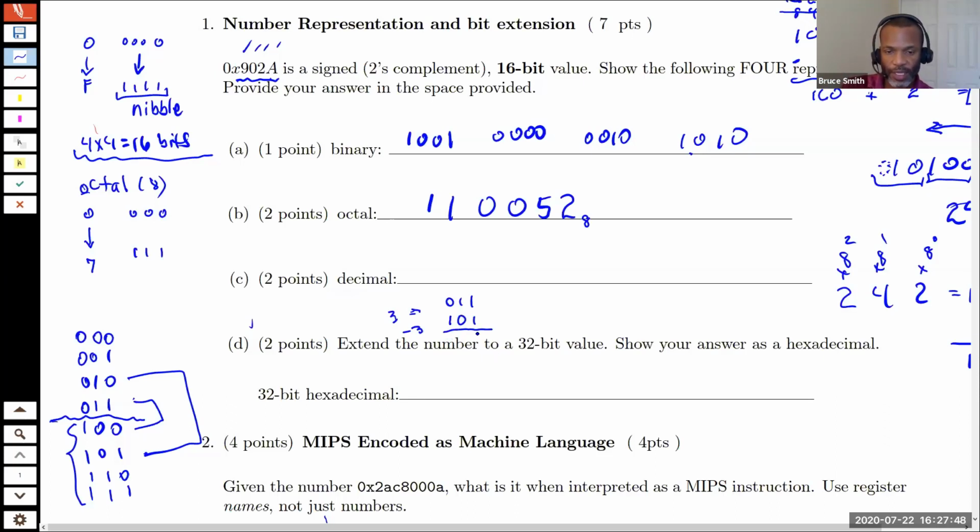When I add these up, 1 and a 1 is going to give me a 2, 1 and a 1 will give me a 2, 1 and a 1 will give me a 2. And then we have an extra bit that carries out. Since we have a 32-bit register, there's not going to be an extra bit there, but it may be saved in another area that computers use.